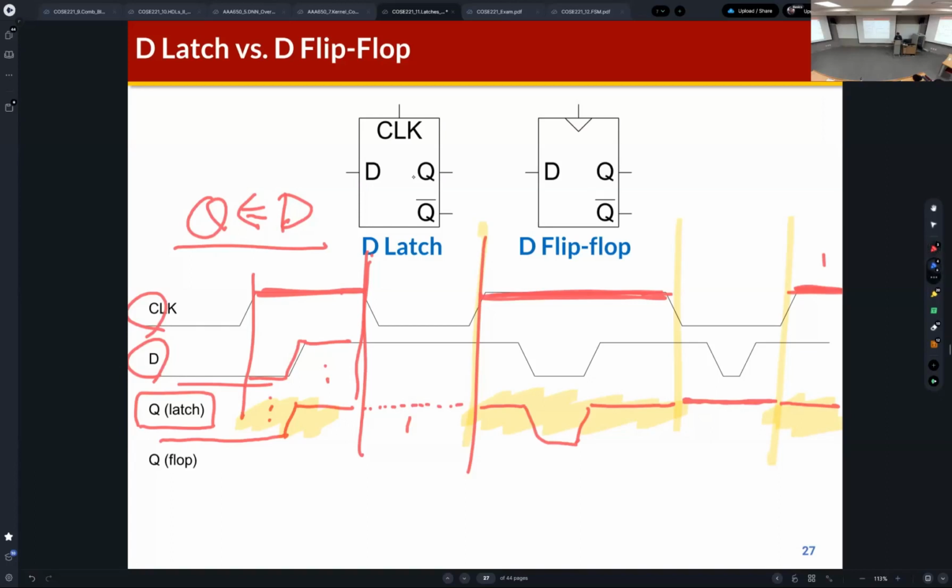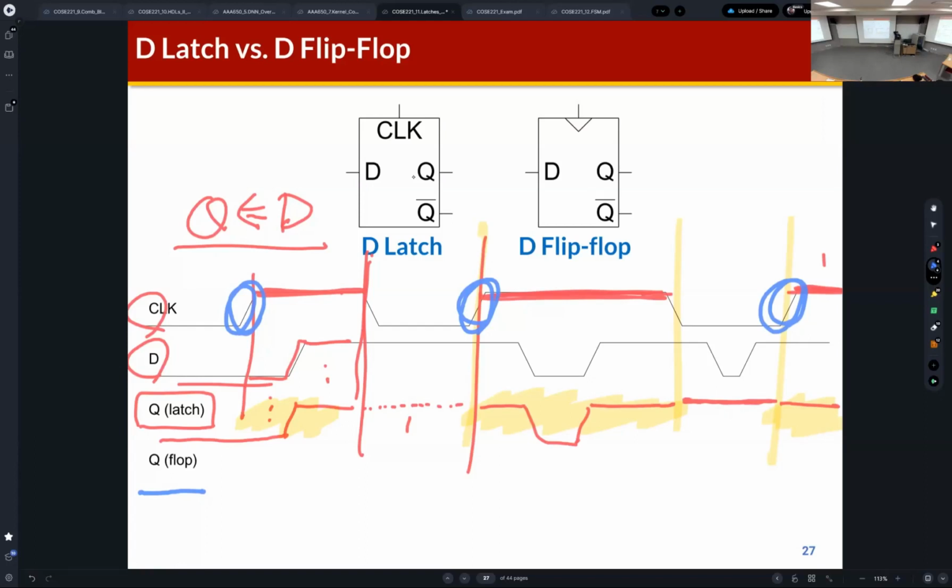Then how about the flip-flop? We need to focus on the edge, the rising edge of the clock. We need to consider only the rising edge of the clock signal for the flip-flop.